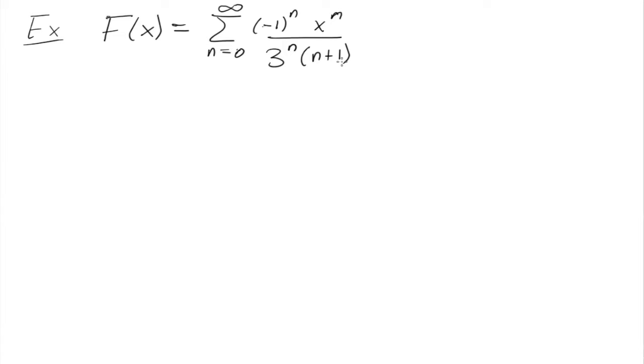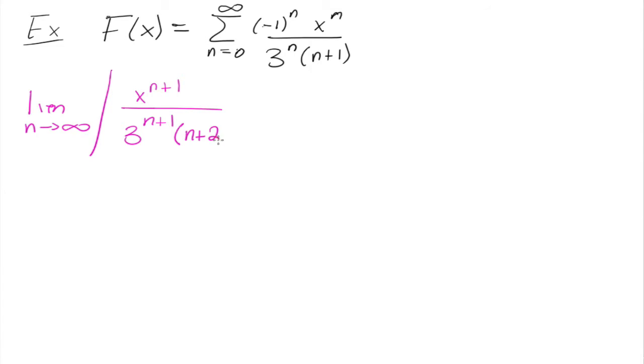Alright, so this series converges if what? If the limit as n goes to infinity of the absolute value... Okay, I'll help you out. x to the n plus 1 over 3 to the n plus 1 times n plus 2.